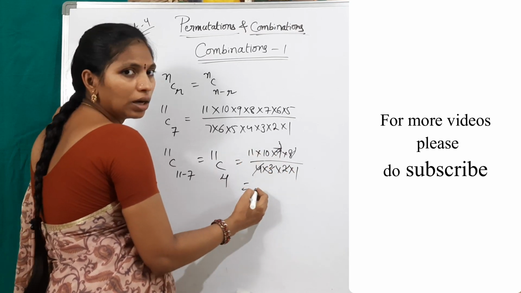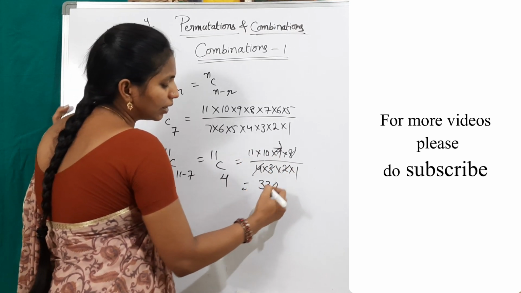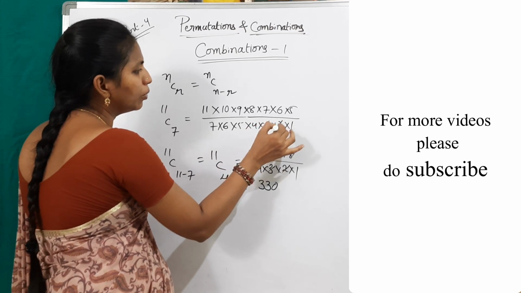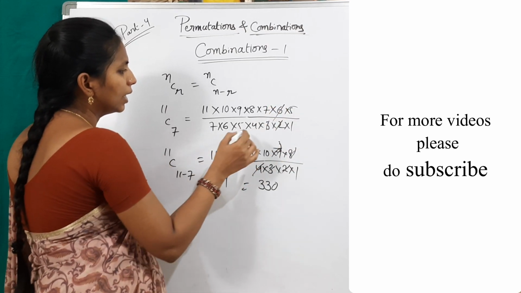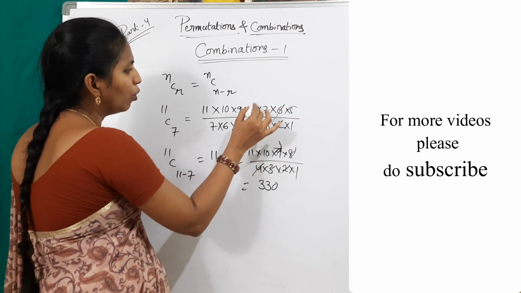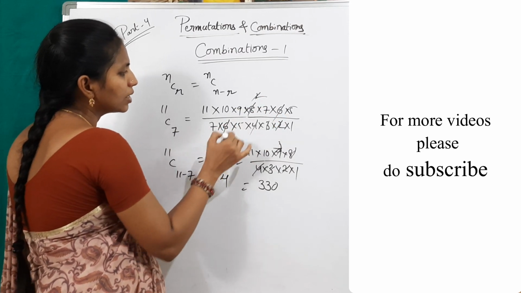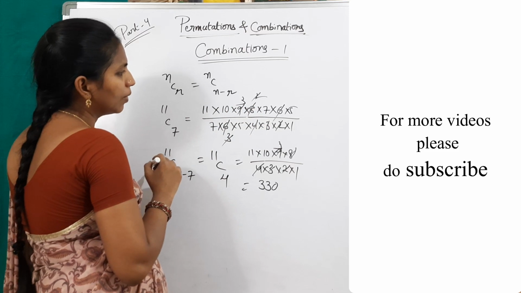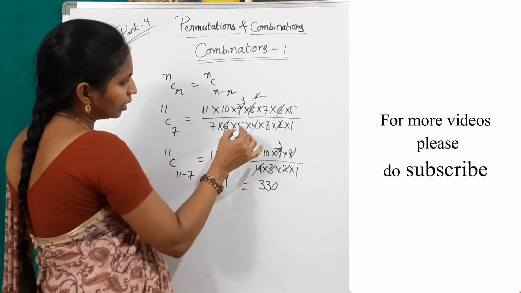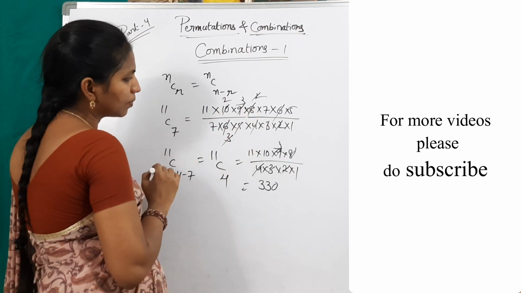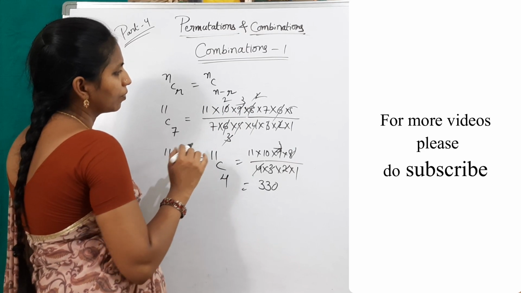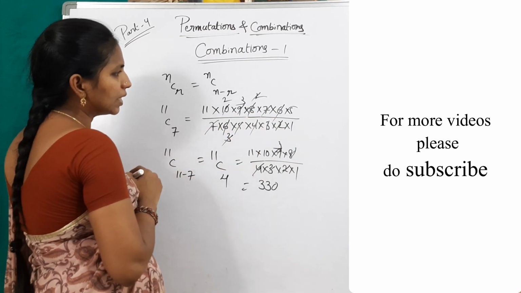Now see 3 into 2 is 6. Cancel, and 4 cancels 2 times. This 2 cancels, this 3 cancels, and this 5 cancelled. 7 and 7 get cancelled.